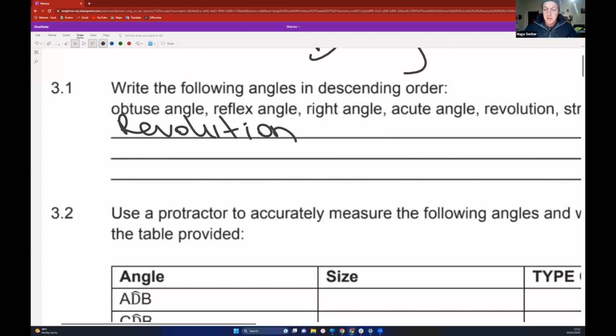Reflex. What does reflex mean? I have no idea. So how do you know that reflex is next? What makes you think that reflex could be next? I'm not saying you're wrong. But what does reflex mean?